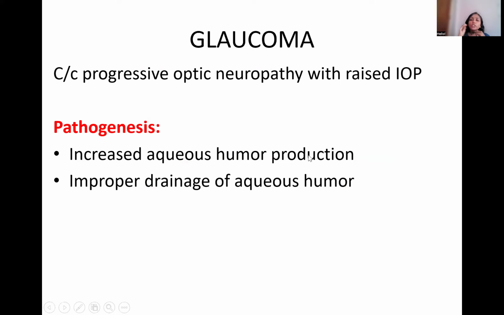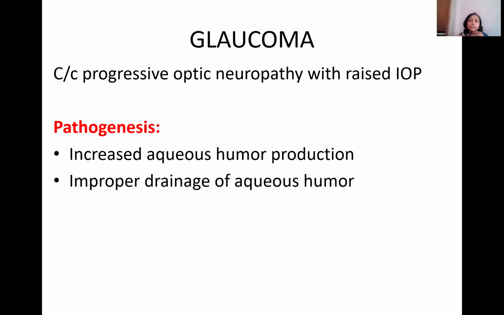Then, the fourth class of drugs. So, you have three classes of drugs targeting the increased aqueous humor production: alpha agonists, beta blockers, and carbonic anhydrase inhibitors. Then you have osmotic diuretics or osmotic agents, which are substances that do not exert any action on their own, but they increase the plasma osmolarity. Osmotic agents are used only in emergency conditions for rapid reduction of the IOT.